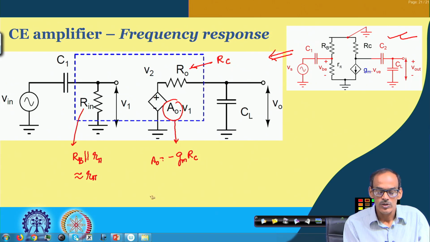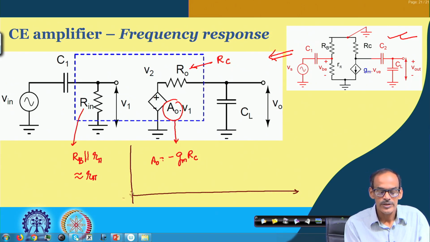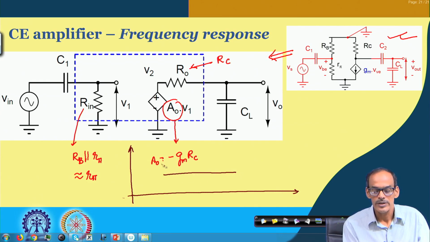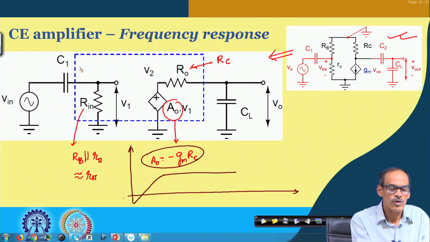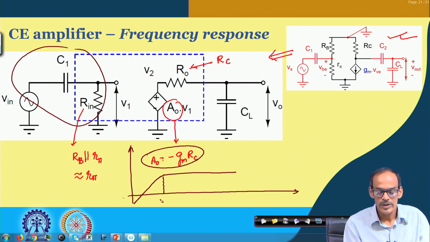If you are asked to draw the Bode plot of the entire circuit, in the mid frequency range you will get a decent gain defined by A naught, and the lower cutoff frequency will come from the CR circuit. So, the lower cutoff frequency omega 1 is 1 by R in into C1.